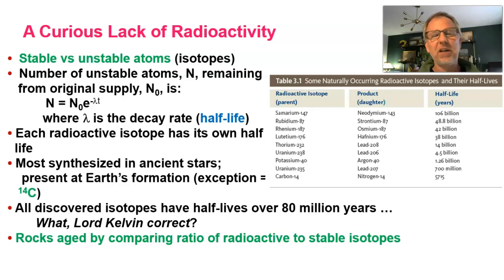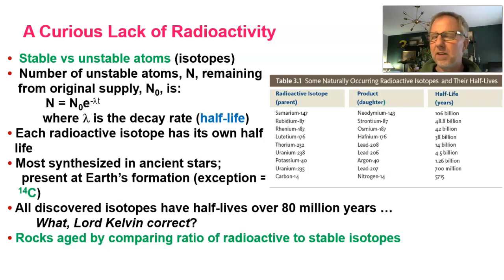An exception would be carbon-14. Carbon-14 is continuously replenished up in our upper atmosphere, and so that is relatively stable. Now we're getting near the bottom of this slide. All the discovered isotopes have half-lives over 80 million years.